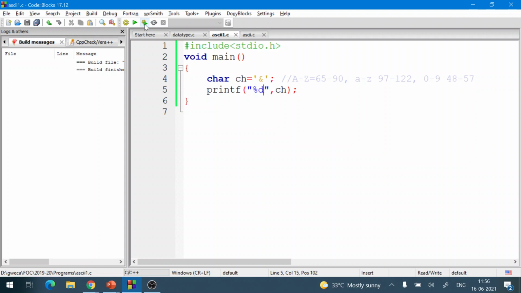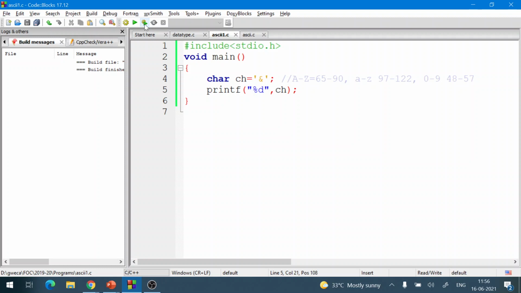This is because a character requires only 1 byte. 1 byte means 8 bits, and 8 bits means 256 different values, and the numbers go from 0 to 255. So the smallest character can be 0 and the biggest character can be 255. But 0 to 255 is not a character; these are the integer equivalents of the characters.